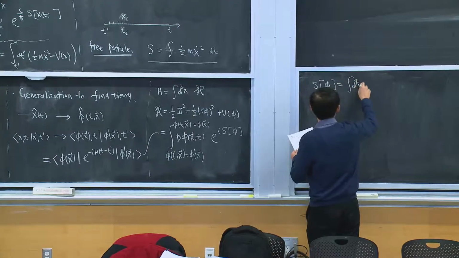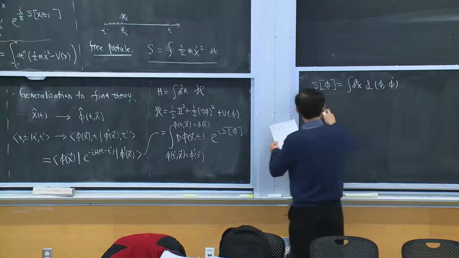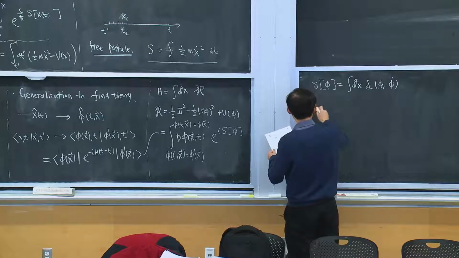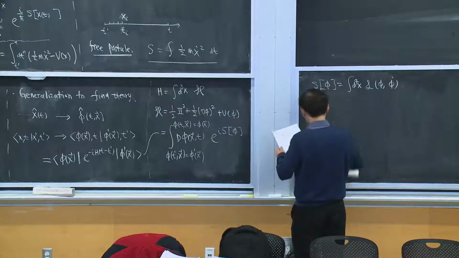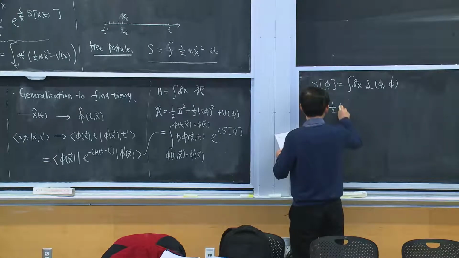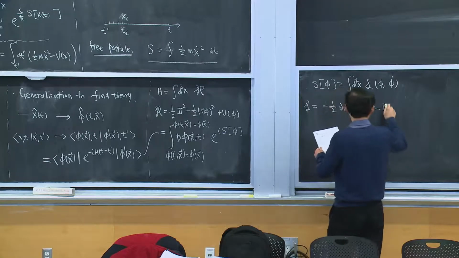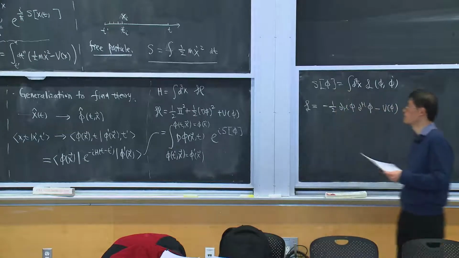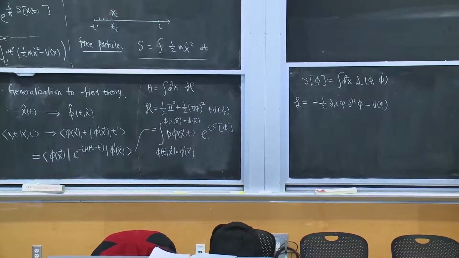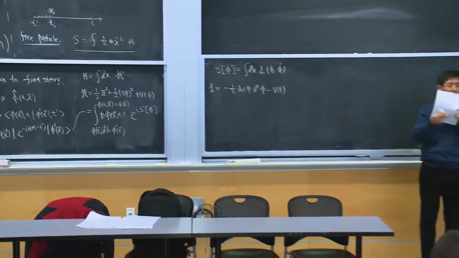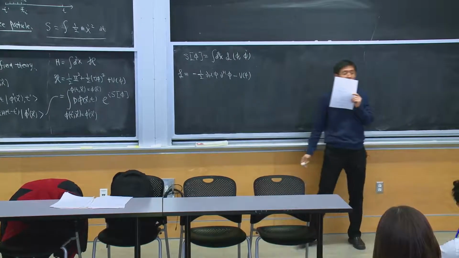In this case, it's an integral of the Lagrangian density, and L is one half, just what we wrote down before, minus some potential of phi. So for any scalar field theory, this works identically. You just get the integration over the Lagrangian, which becomes the full integral of the Lagrangian density. Any questions on this?